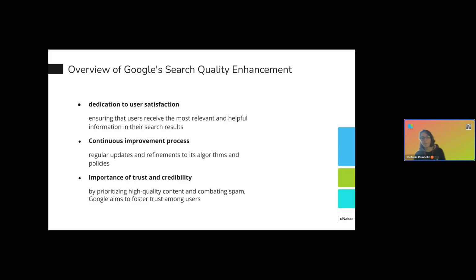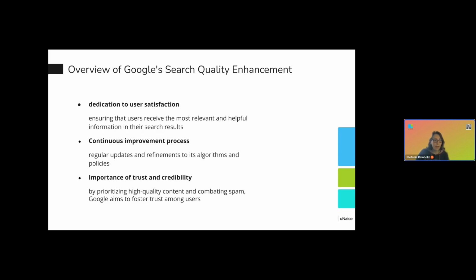So that continuous improvement process from Google is obviously very important to, one, keep the search engine running and keep it safe, but two, also to keep it relevant to users. So Google's approach to search quality enhancements does obviously involve regular updates and refinements to its algorithm specifically and to its policies, to reflect these ongoing efforts to adapt.